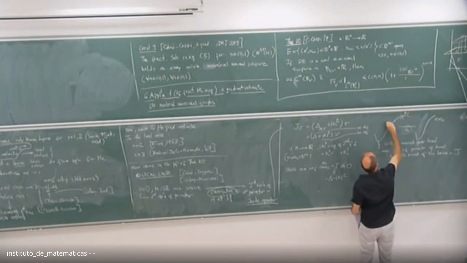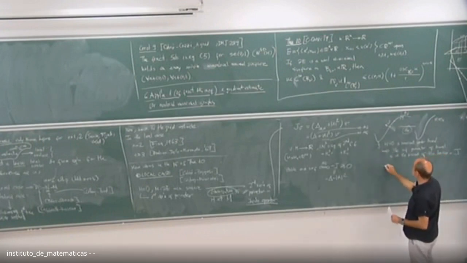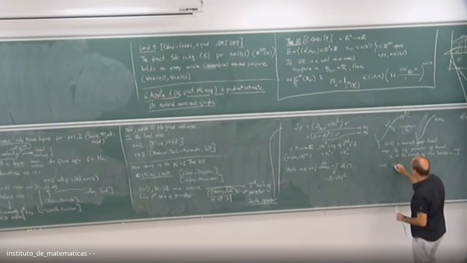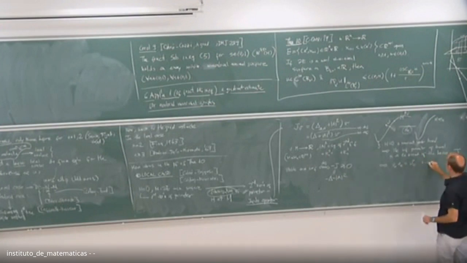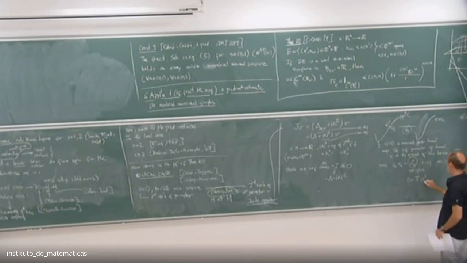This is saying that the normal times e_k, which is the kth component of the normal, k from 1 to n plus 1, because there are n plus 1 directions, is a solution of the Jacobi equation. It satisfies J of ν_k equals 0.